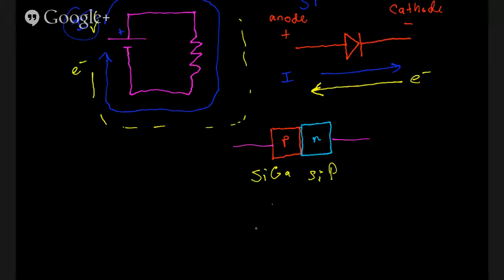Diodes are not hard to make. Semiconductor diodes have actually been around a very long time. They just weren't useful until around the 50s. If you've ever seen a crystal radio set, it has something called a cat's whisker detector.